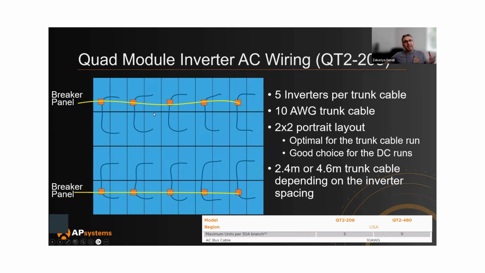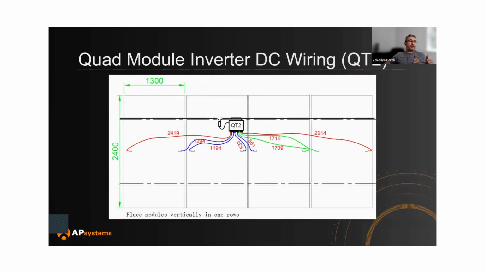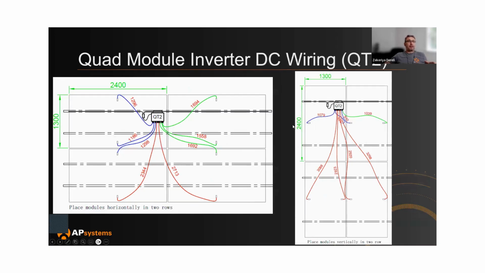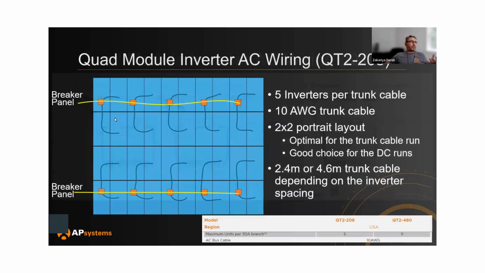So to me, the best option is to go with 2 by 2 portrait in this case. Basically, we are going with this one. Why? When you think about it, you place the inverter under the module right there somewhere, and the distance between the micro and the module is not that long, so you can probably get away with 1 meter extension cables, especially if the panel already has a 1 meter cable.